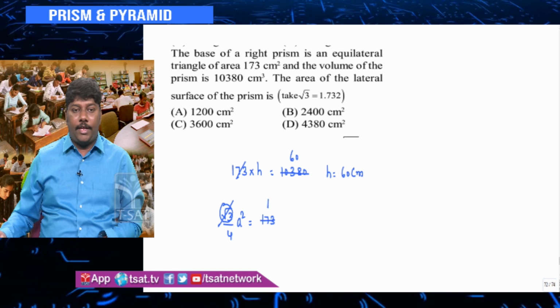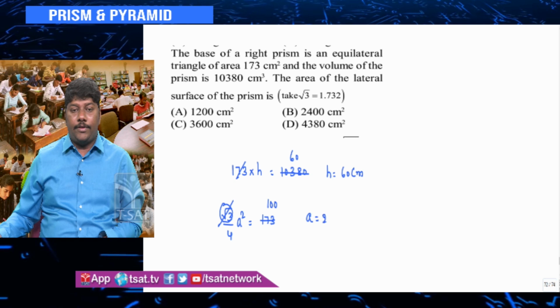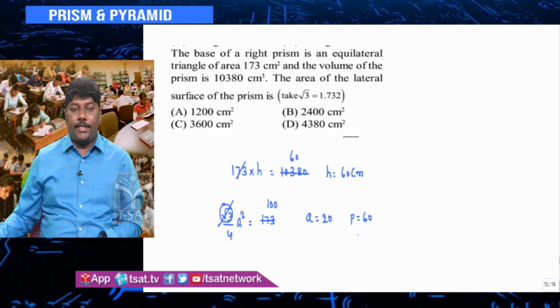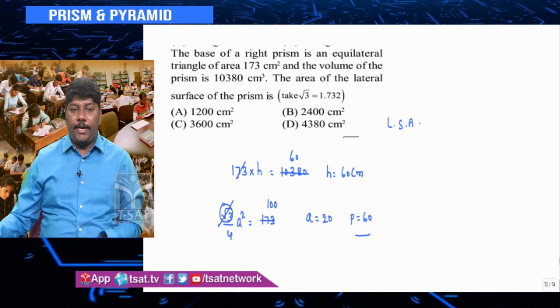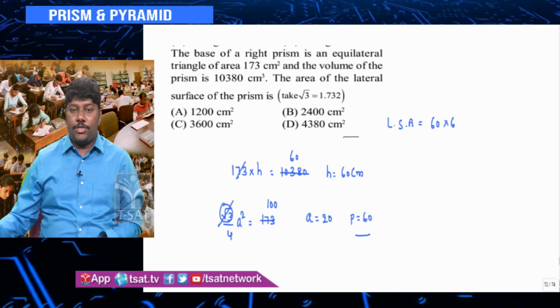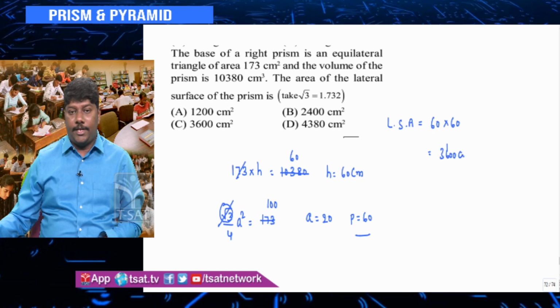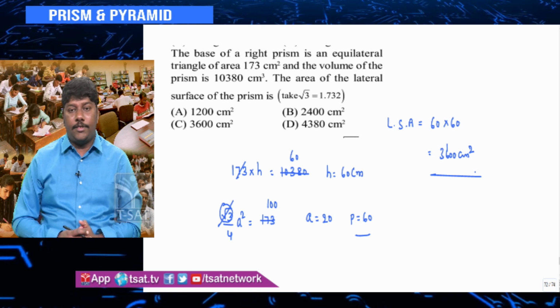Therefore a square is equal to 400, a is equal to 20, perimeter is equal to 60 because there are 3 sides. So in order to find the lateral surface area, multiply the base perimeter into height. 60 into 60, 3600 centimeters square. So these are the questions based on prism.